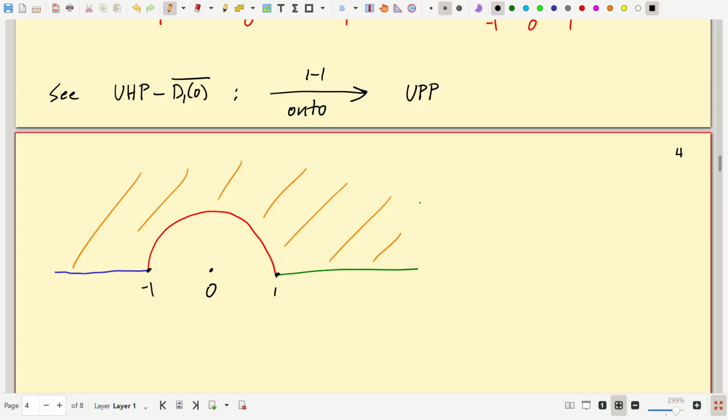It would squish the circular part down to a segment, with blue squished, and then green. And this would be minus 1, plus 1.